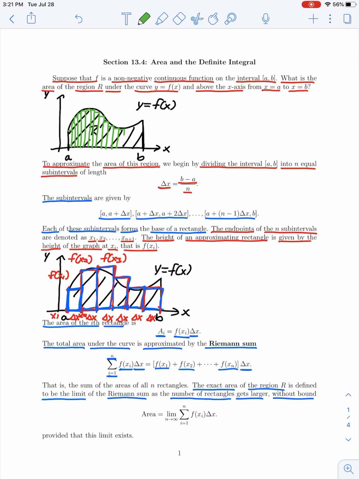So even the way that I'm drawing this one would not be a perfect value for the area, but let's say we divided each of those little rectangles into smaller and smaller pieces.